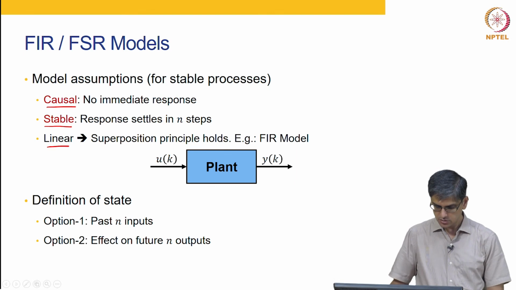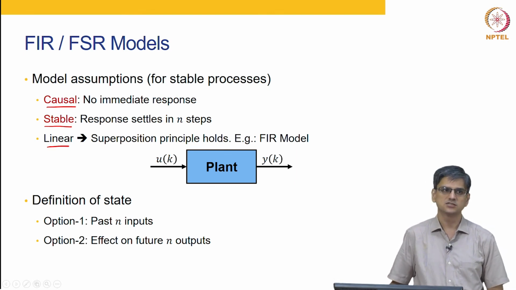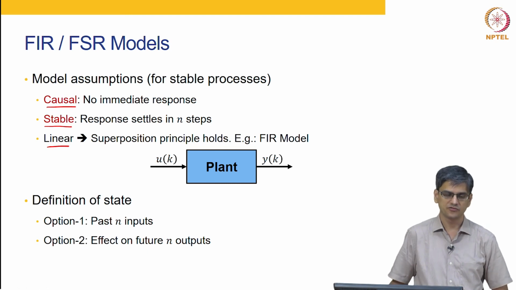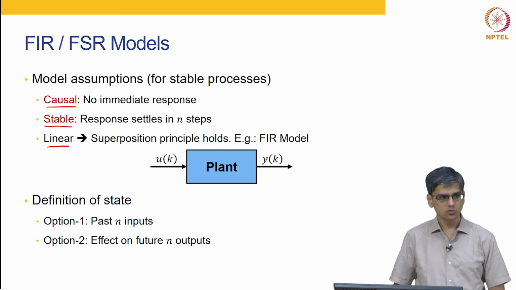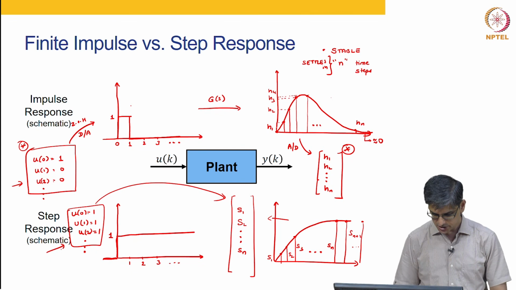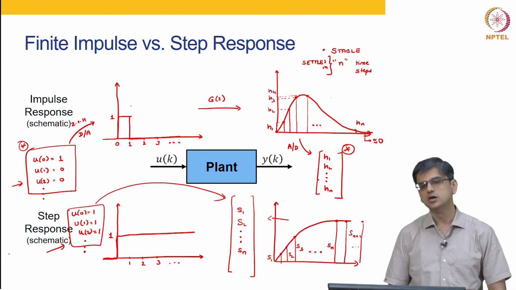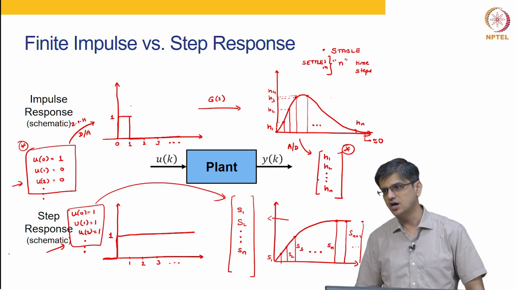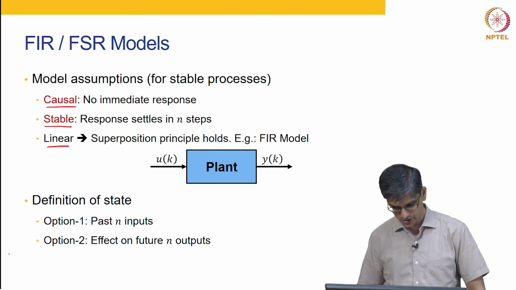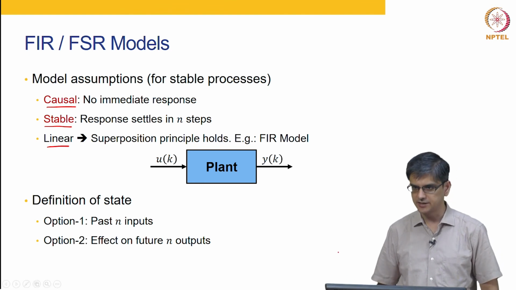Now, how do we define the state, and that is a very important part of the overall exercise, and there are two possible definitions of the state. The state can be defined in terms of either the past input moves or the predicted future output moves. In the next half an hour I will take examples.